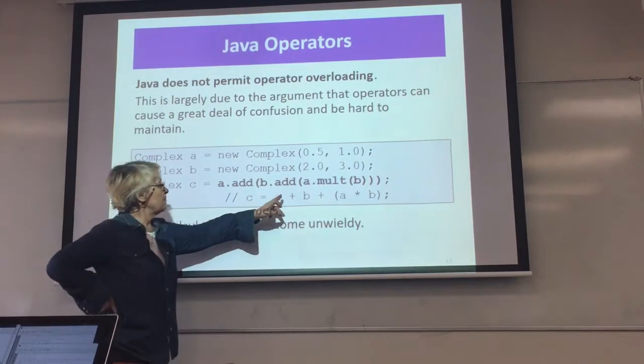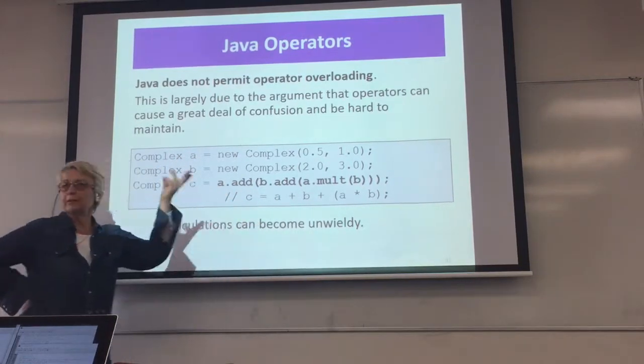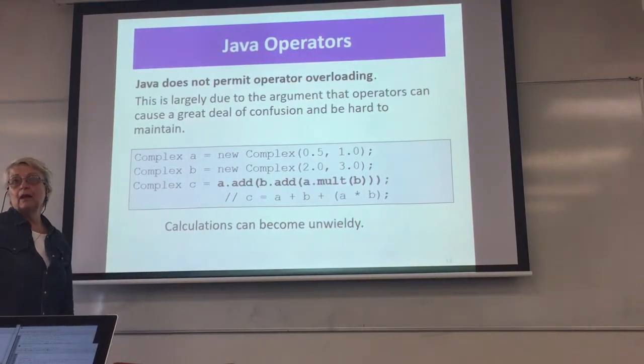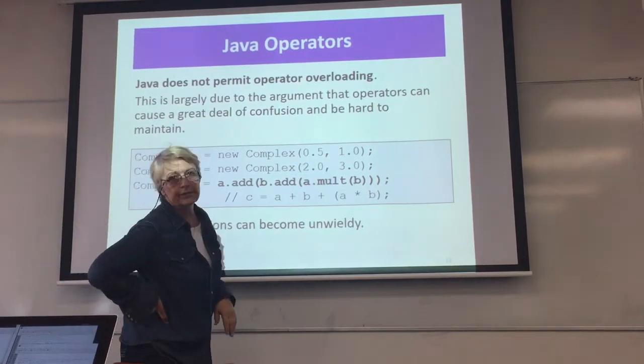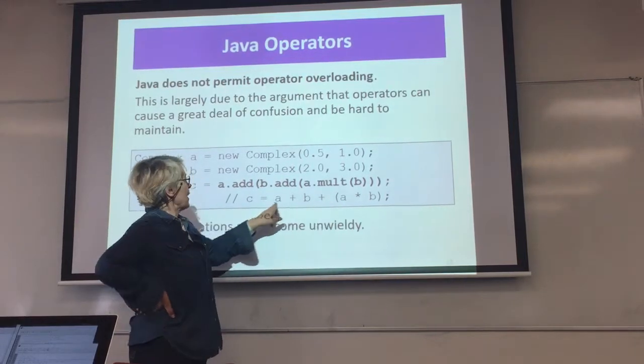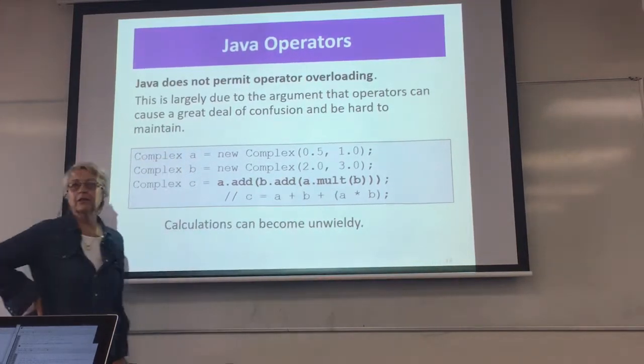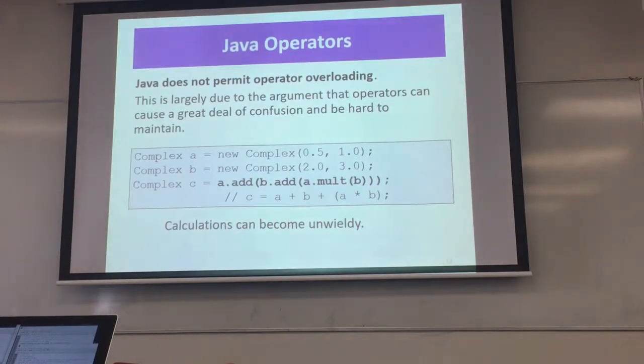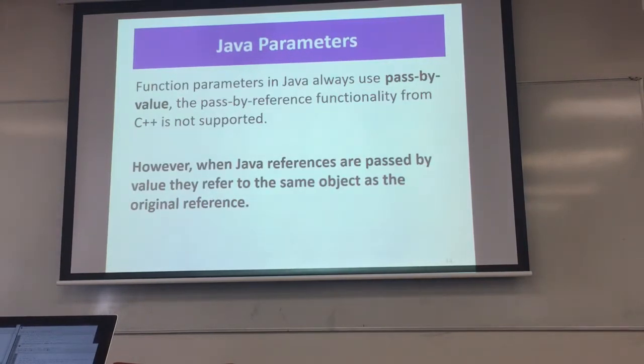So operators like plus, multiplication, minus are not overloaded because it was considered confusing and error prone. So in order to perform the same operation, we have to invoke a method, add, multiply, and put the brackets. And this can become quite difficult to read and understand sometimes. But Java provides so many types that it's most unlikely to have the need to design some classes.